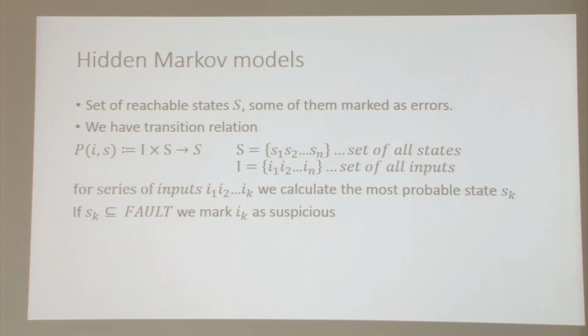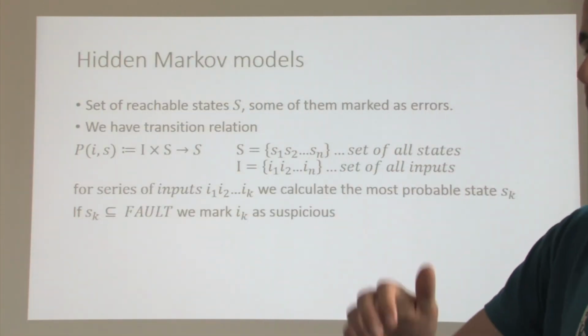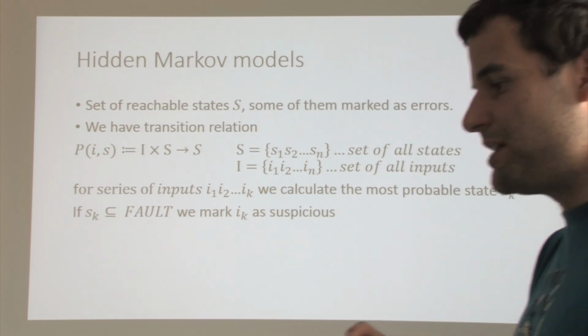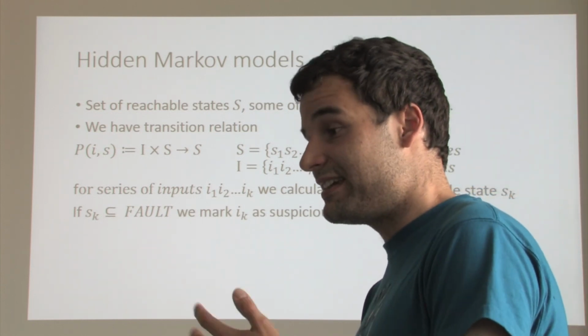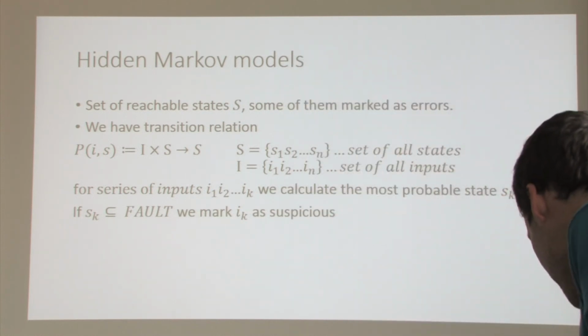And we also have some inputs from the model, and these are the measurements we have. For each state we can calculate the probability of the measurement we get, and again set some threshold for whether it is interesting for us or not.